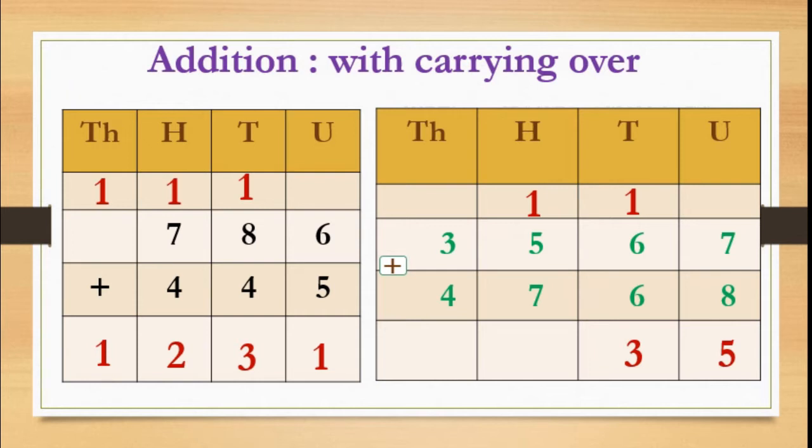Now here 1 plus 5 plus 7, that is 13. So 3 we will write down and 1 is carried over to the thousands place. Now we will add the numbers in the thousands column. That is 1 plus 3 plus 4, which is 8. The answer is 8335.